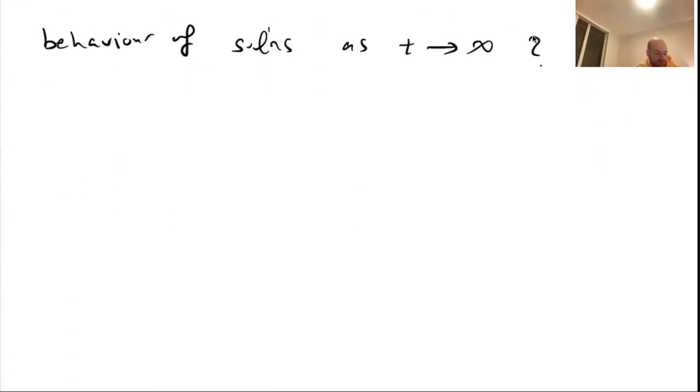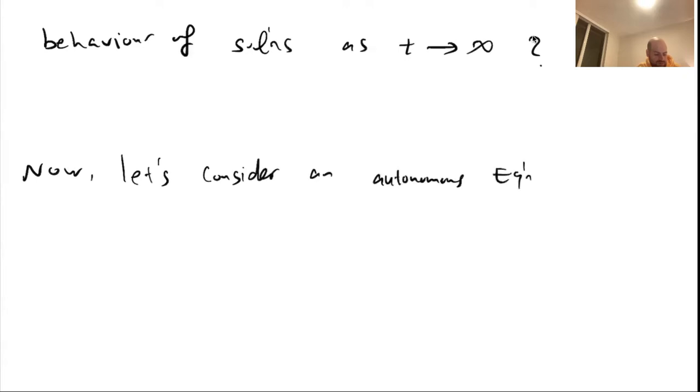So now let's consider an autonomous equation of the form y prime equals f of y.